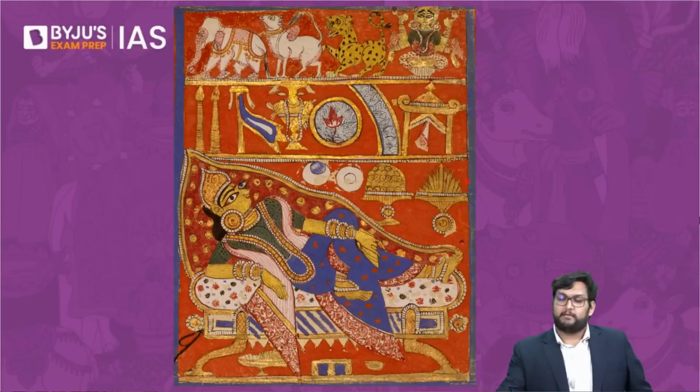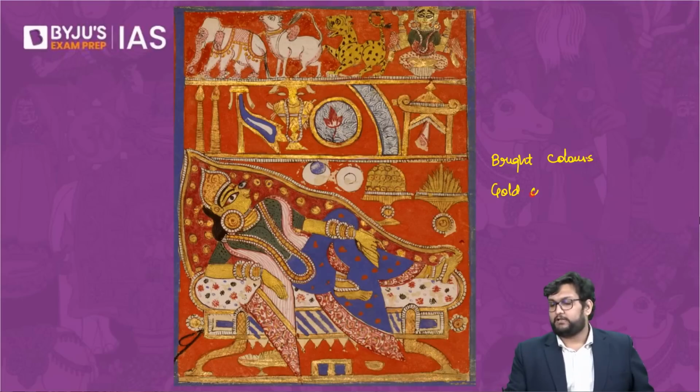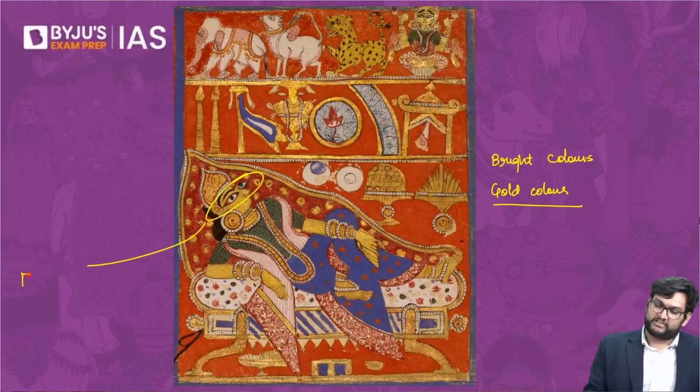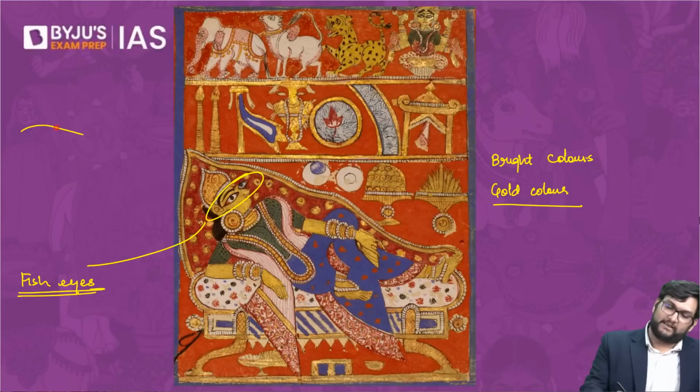Now you will see bright colors, the use of gold color. Over and above that, now you will see the iconic fish eyes, which is a very, very sharp representation of eyes, fish eyes.